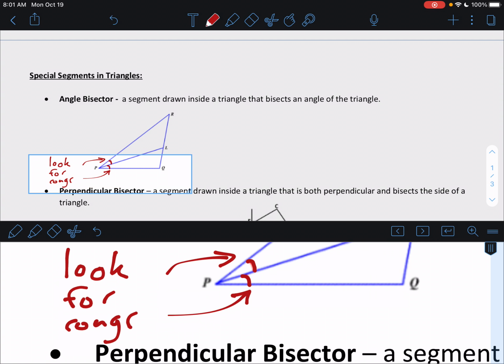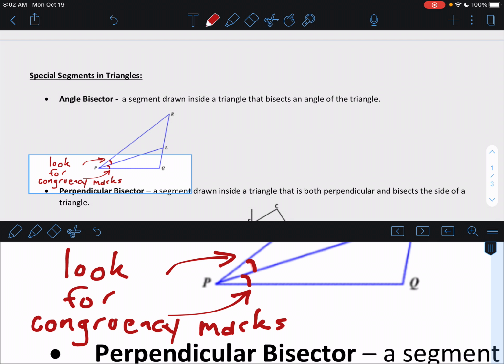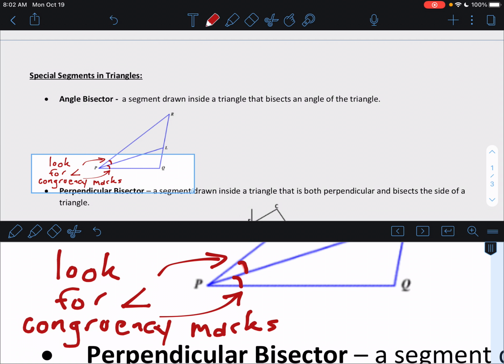Look for angle congruency marks, because there are the tick marks that identify if we have congruent segments, or the little arc things that identify if we have congruent angles. So look for angle congruency marks. That will tell you if we have an angle bisector.